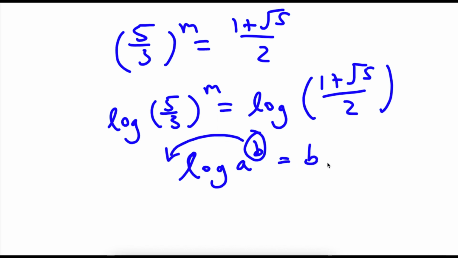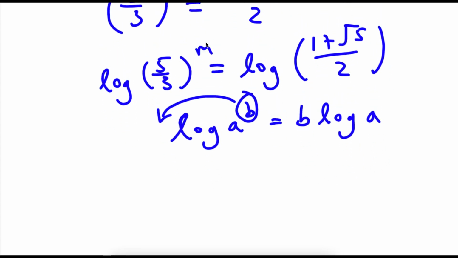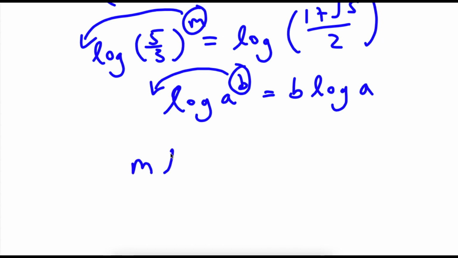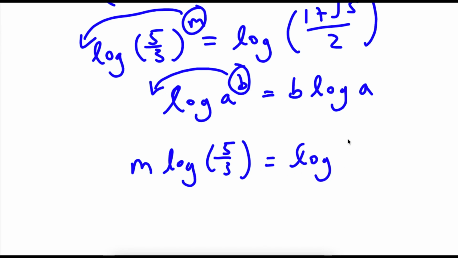So this would equal b times log a. So I'm going to do this with log of 5 over 3 to the power of m. I'm going to move the m to the front. So now I have m times log of 5 over 3 is equal to log of 1 plus the square root of 5 over 2.